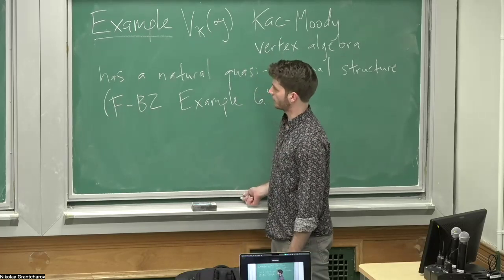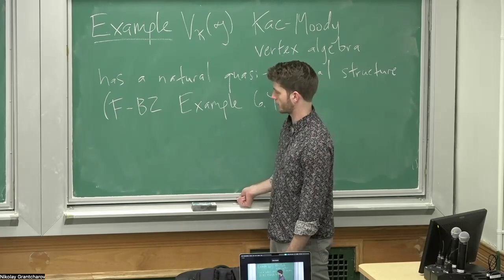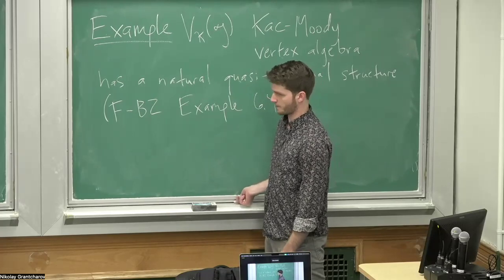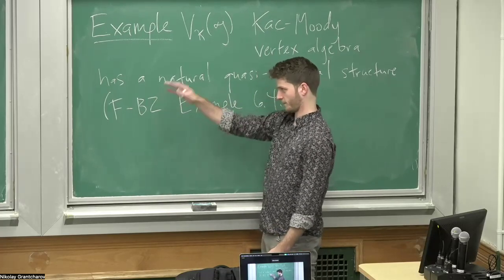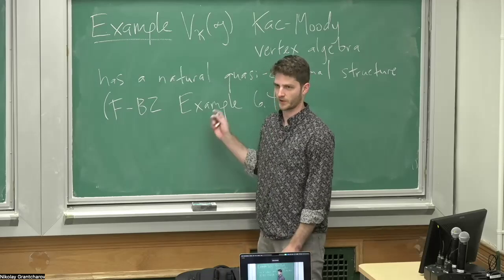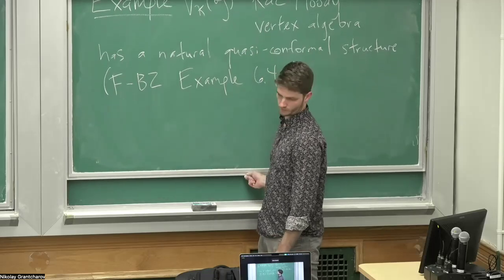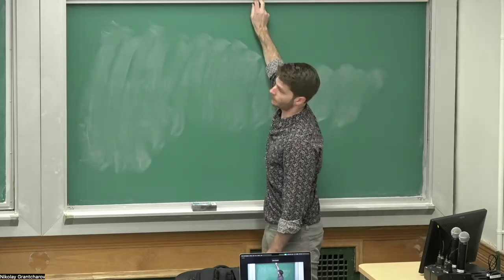Yeah, so this conformal structure, whatever it is, comes from the Sugawara construction, and something very specific happens at critical level and it is no longer conformal, but this quasi-conformal notion is designed to include things like this at critical level. Okay. Questions?